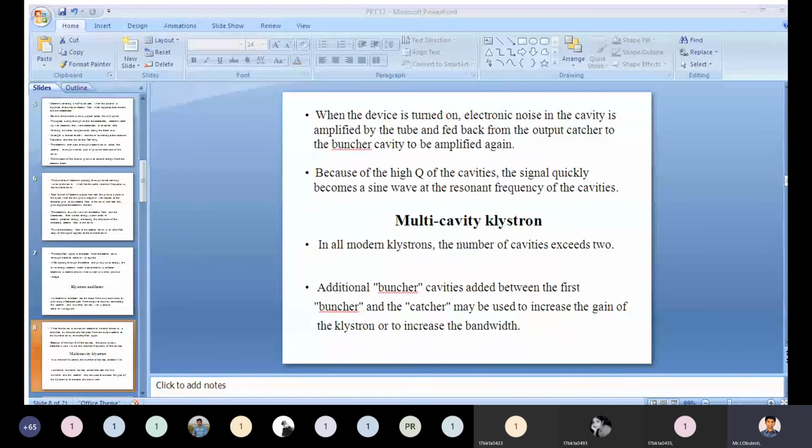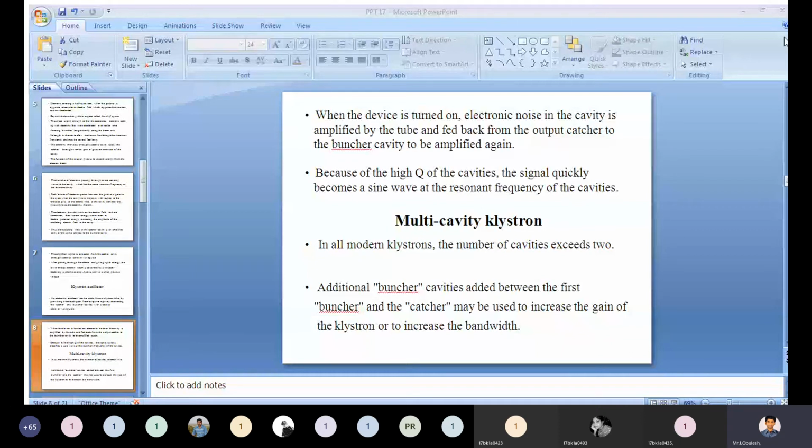Here we have only a single cavity, which is a resonant cavity, and it functioned as an oscillator.